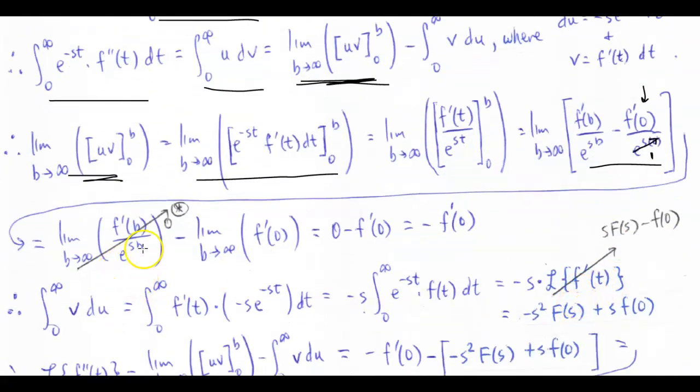So we know that the limit for this particular term will just go to 0. The limit of any constant is just that constant. So again, we get just minus some constant. And of course, the constant this time is just the first derivative of our function evaluated at 0.